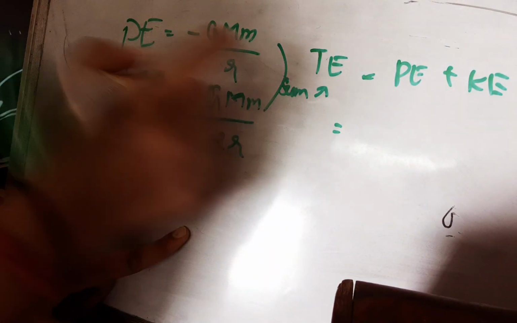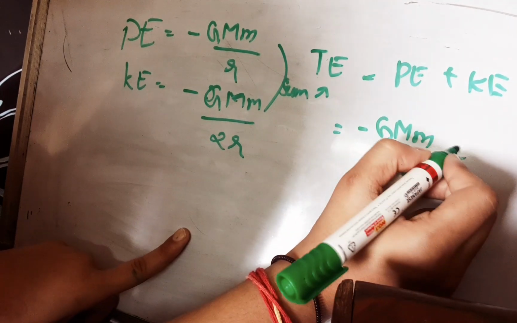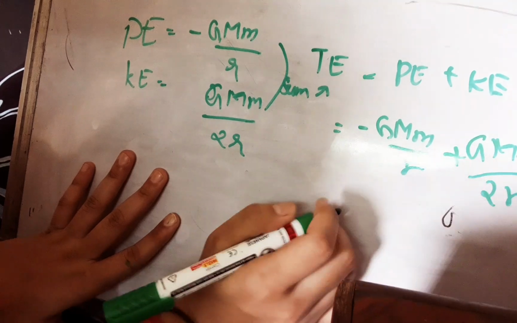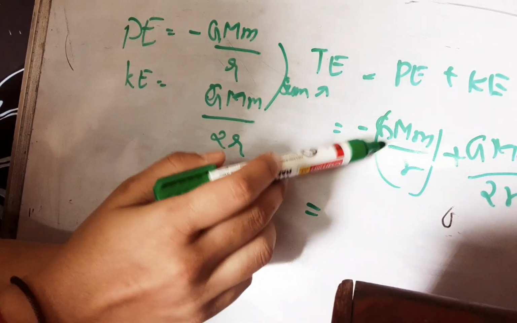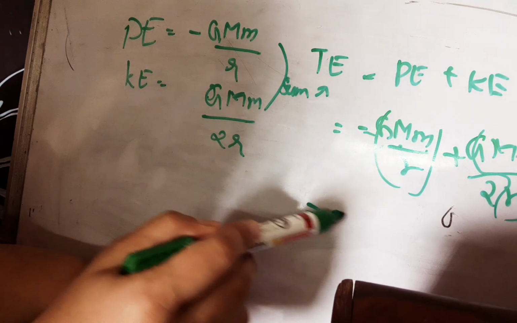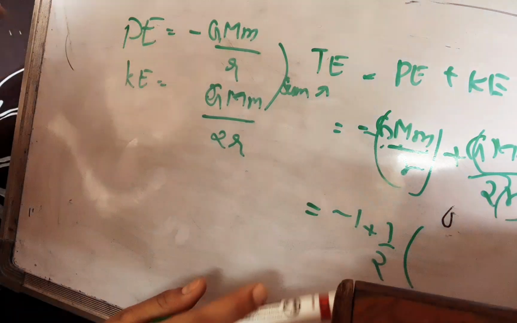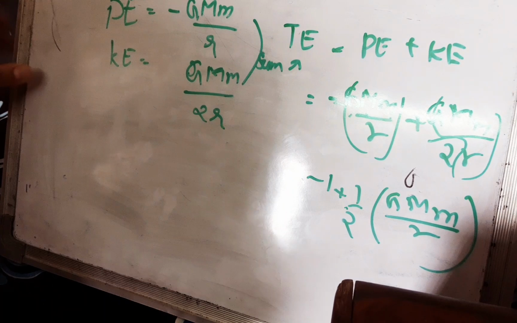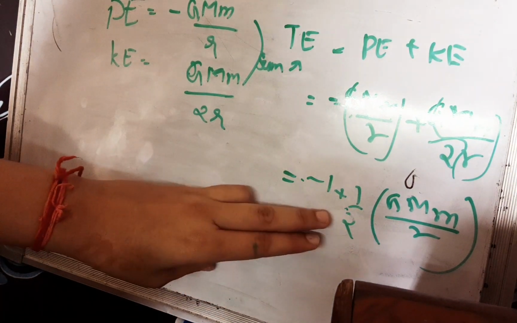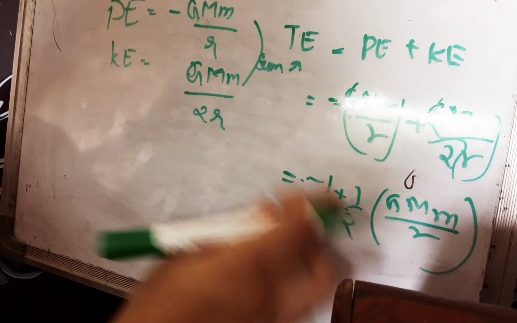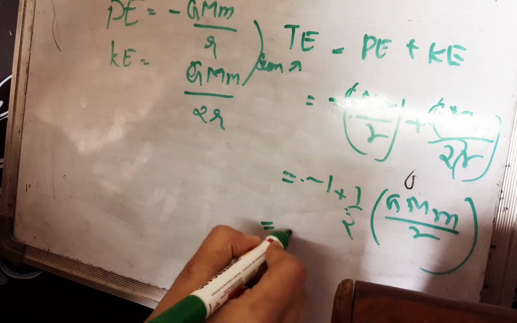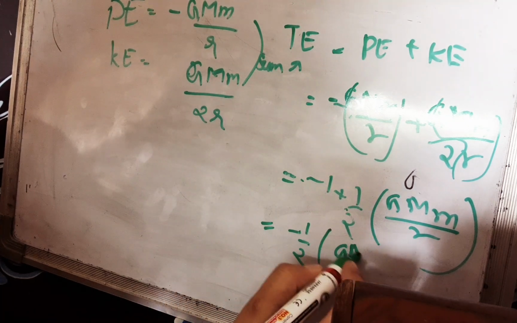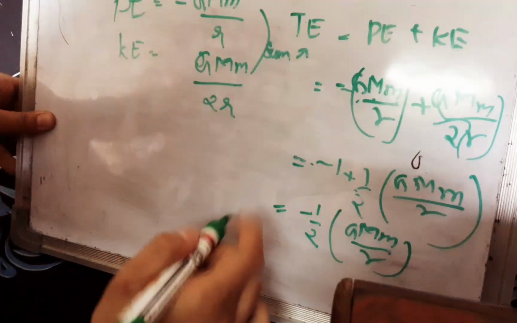Taking GMm upon r common, it is minus 1 plus half, which is minus 2 plus 1 over 2, so you get minus half, that is equal to minus GMm upon 2r. So this is your total energy value.